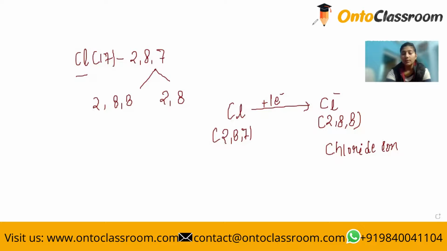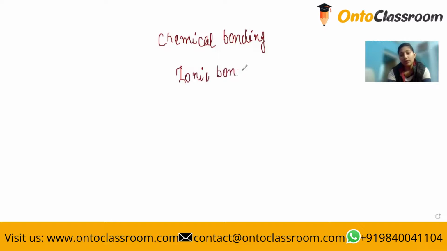So I'm going to discuss chemical bonding. There are several types of chemical bonding. The first one is the ionic bond. Ionic bond is also known as electrovalent bond because they gain and lose their electron to form their bond. Another one we have is the covalent bond.